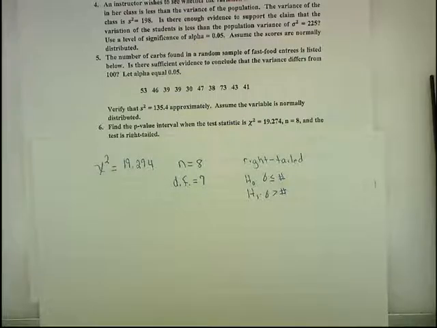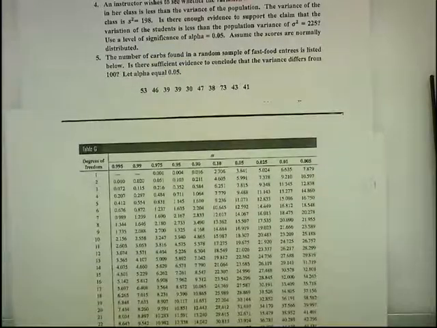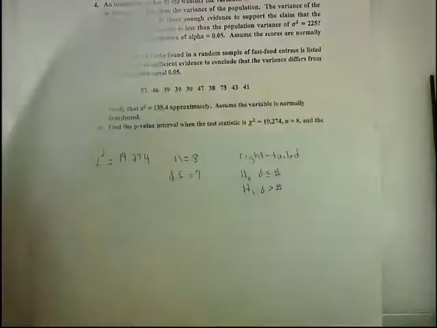So let me isolate row 7. 19.274 is the test statistic. And you see that it falls between the last 2 values.